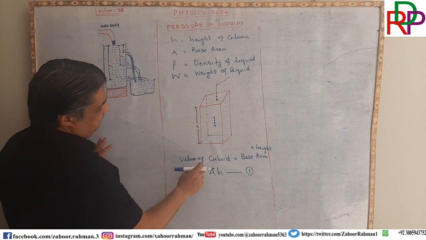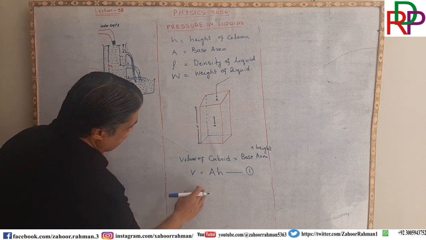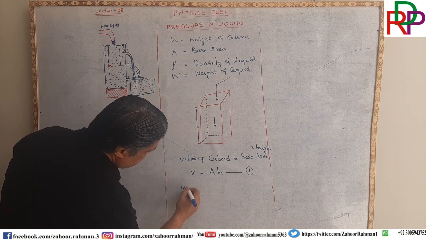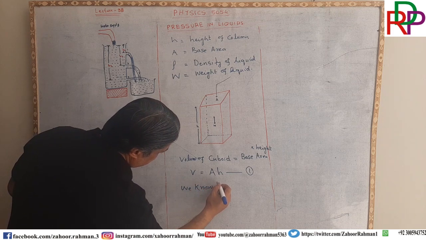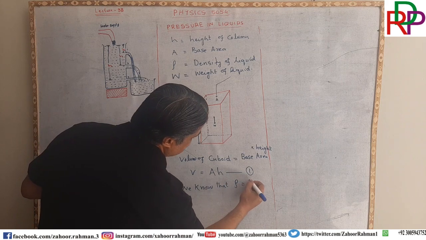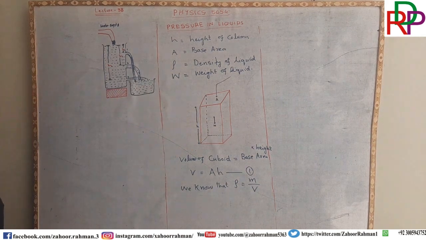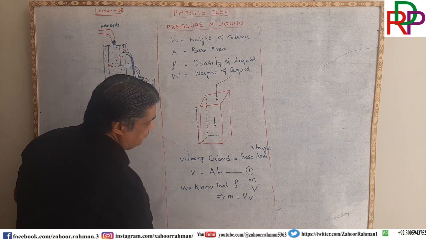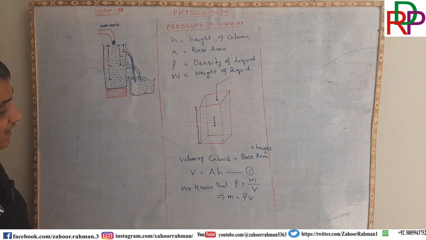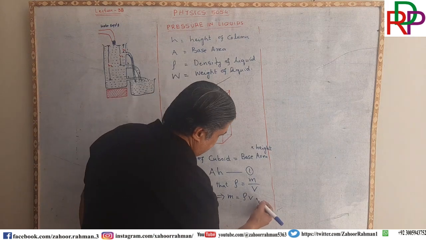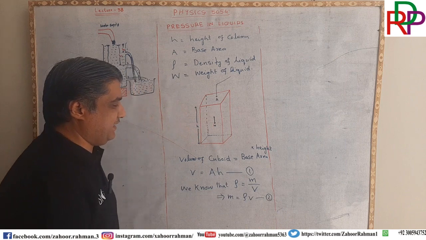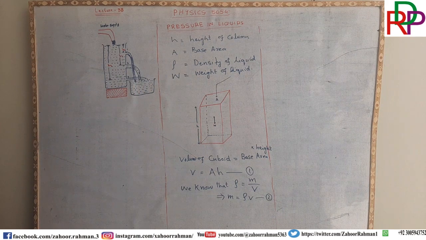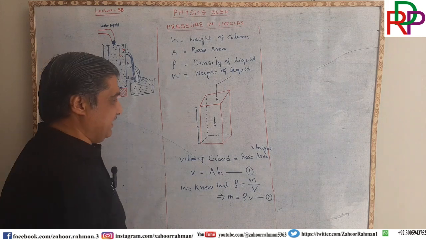Now we will find the mass. We know that density is equal to mass per unit volume. This implies that m is equal to rho into V. So the mass of the liquid will be equal to rho, which is the density of the liquid, times V, the volume. Because we will need this in another equation, we are labeling it as equation 2.